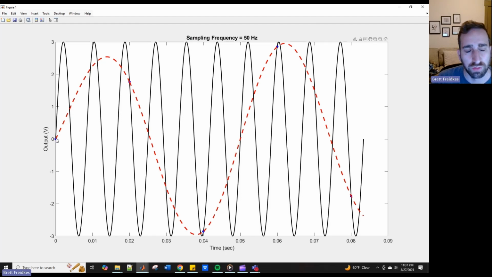If we look at the period of the red one, if I follow this out, we see that a period finishes at around 0.05 seconds, while a period for the black one is less than 0.01 seconds. Very different periods, very different frequencies, because we are not sampling fast enough. So this black signal ends up being aliased to become this red signal.